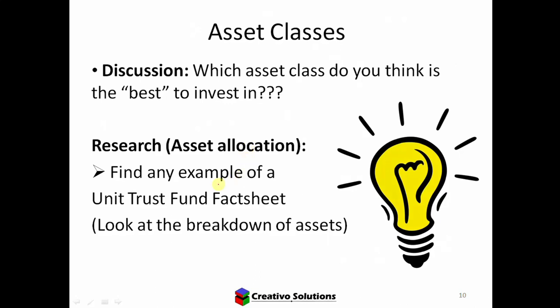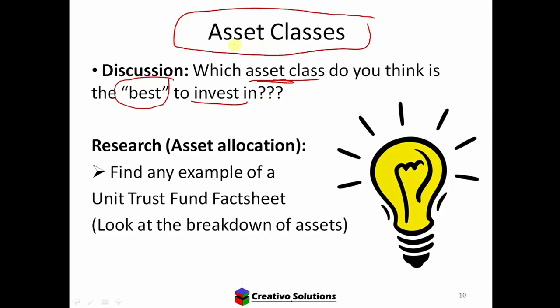Right, so something for you to think about, a discussion question. Which asset class do you think is best to invest in? And you might have your own personal preferences. So when you're thinking about investments, when you're thinking about assets, some of you like property, some of you like equity, some of you like commodities, some of you like paintings and alternative asset classes.